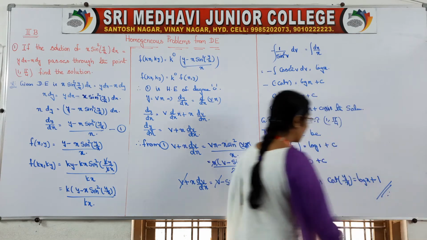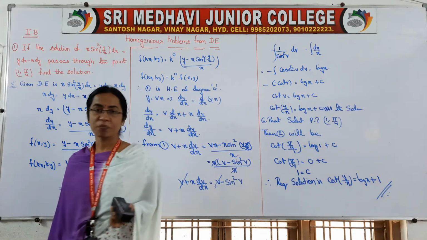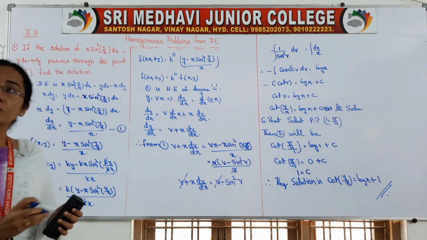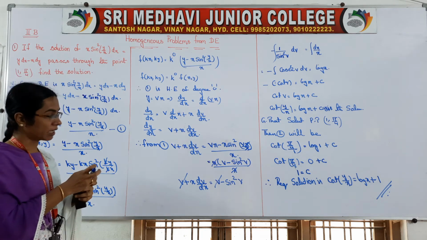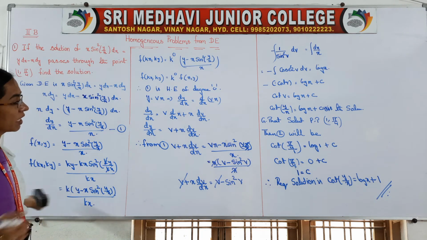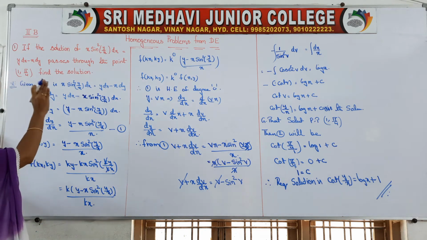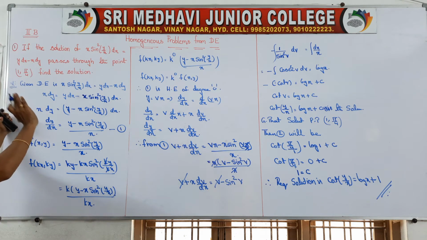That is the answer to your question. Now observe carefully how we have taken the values. Here it is given that the solution of this differential equation passes through 1 comma pi by 4. Then finding the solution is what the question asked.